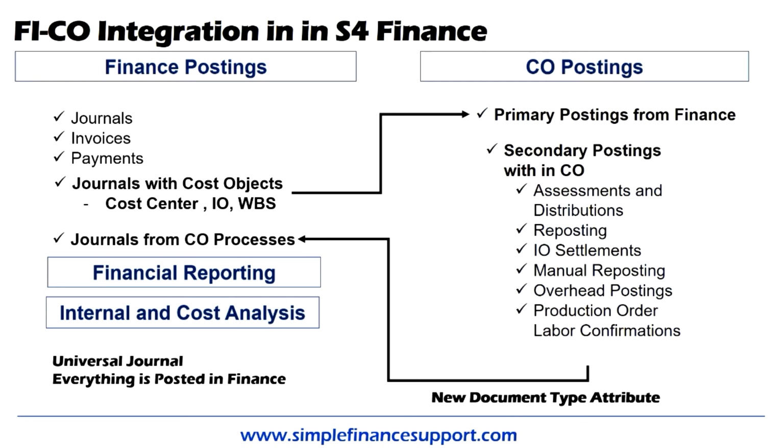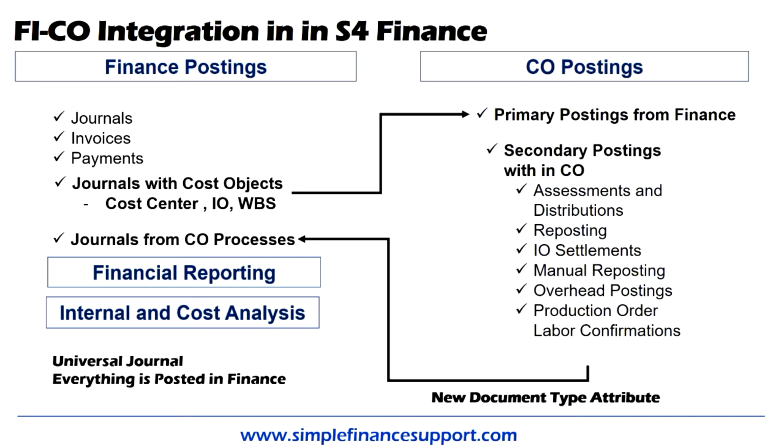Everything which is happening in the CO is happening automatically in the finance. So that is the integration which is coming. Which means the financial reporting, internal and cost analysis, everything is available in the same ledger, which is the finance ledger. So all the problems related to FICO integration are gone.